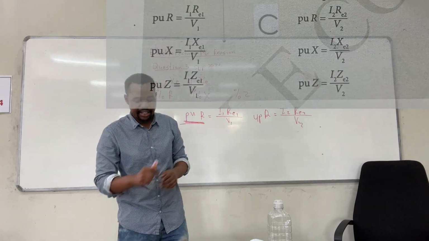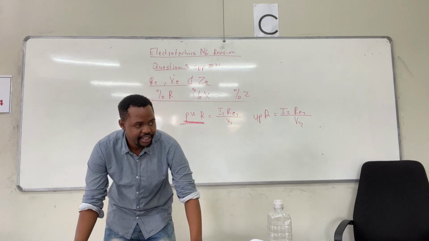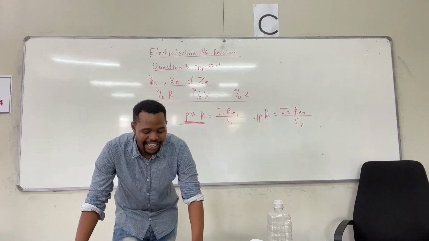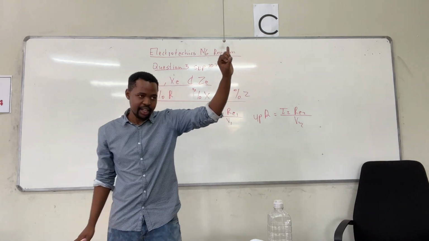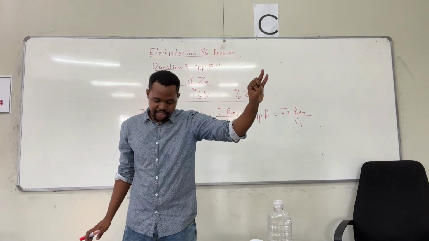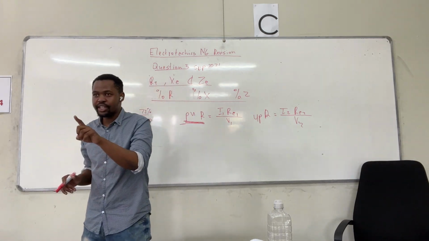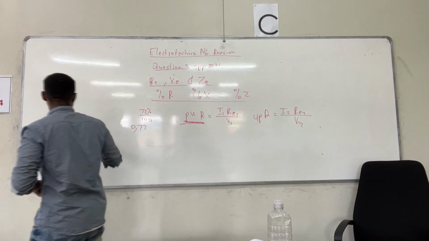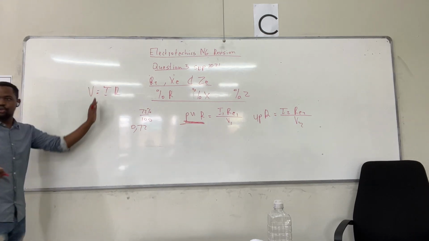Then, here is the second reason. To calculate the voltage drop due to resistance or due to reactance, we normally need to know the value of the current, using Ohm's law.